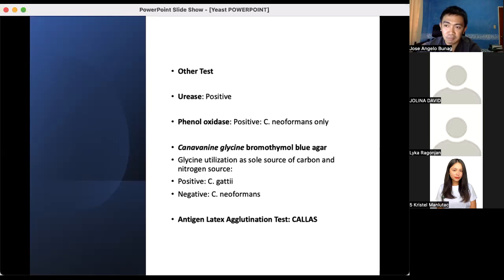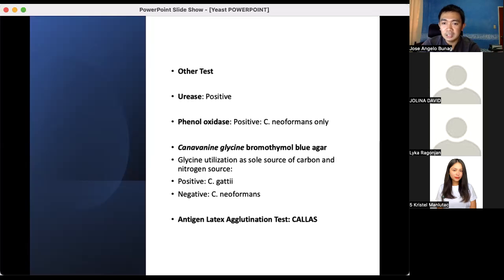This is very essential for the production of melanin, once absorbed by the yeast cell, forming black to brown colonies. In some cases, the color varies depending on the amount of melanin produced. It can be tan to reddish brown pigmentation.